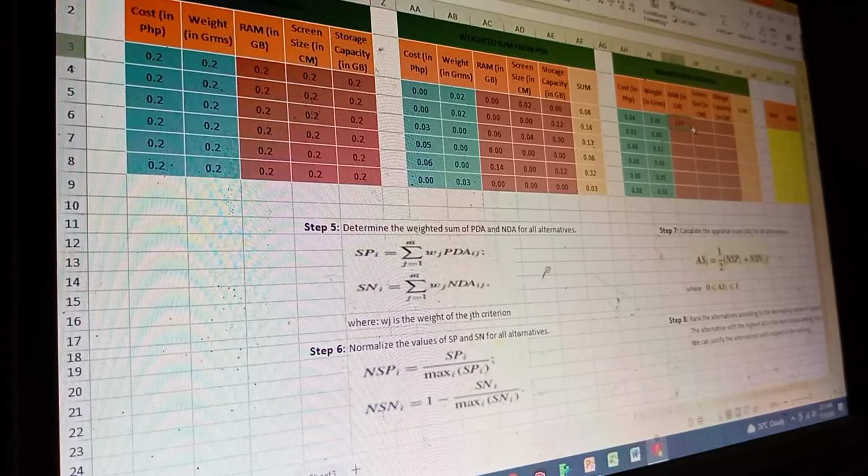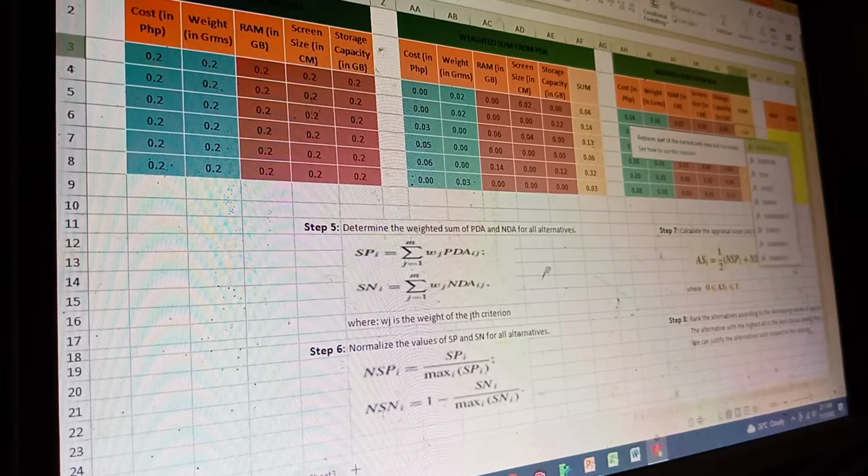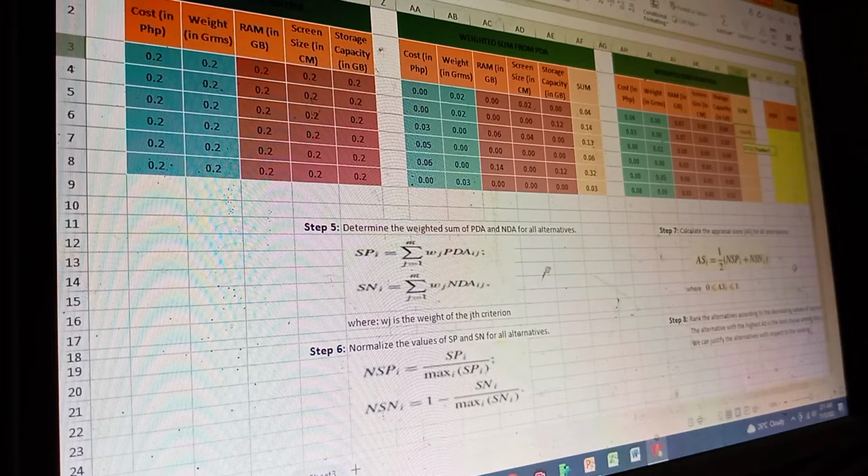Just copy the formula all the way and down. We also need to take the sum of these values, the sum of all this one. Okay, drag down to get the sum of the other alternatives.